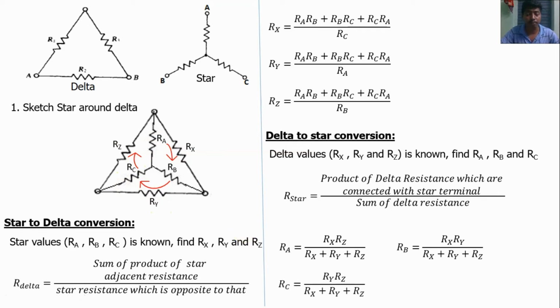Don't memorize this formula, just remember the conceptual formula, because if you memorize it, you have to place the values correctly. If you put the wrong resistance, the formula will be wrong. So just remember the general concept.